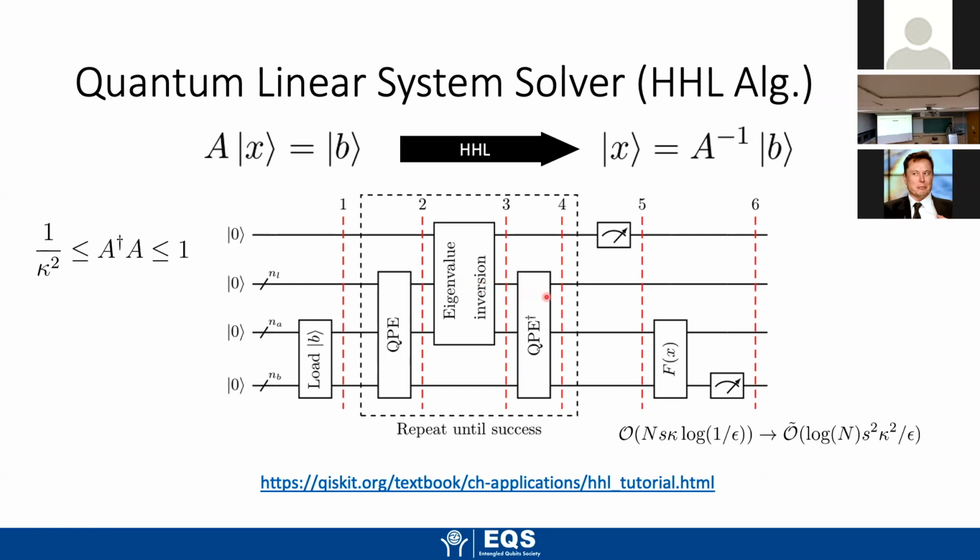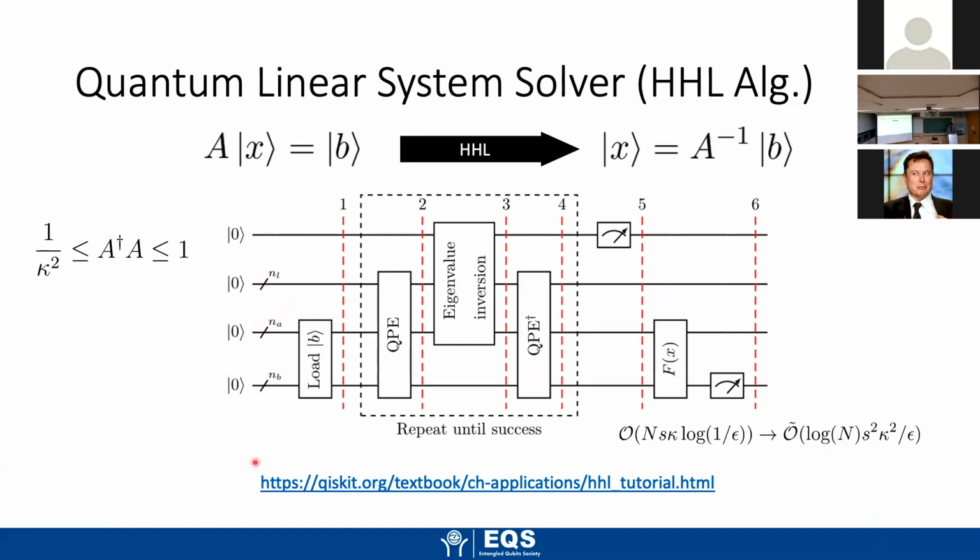And also QPE again, and then if this measurement is successful, then we have this optimal normalization factor. And it is known that the order is log n, which is the dimension of the A matrix. In this case, n is the number of data points in the data set.